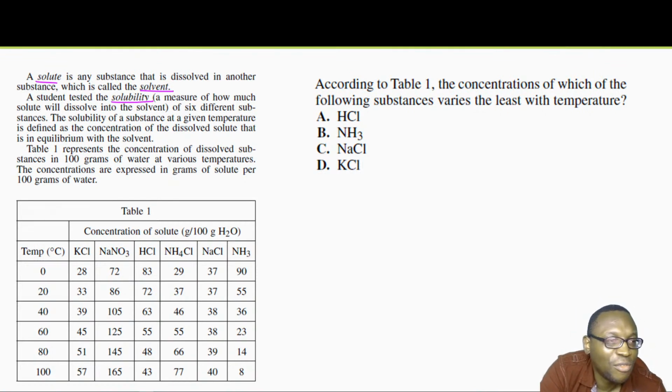The concentrations of which of the following substances varies the least with temperature? Let me give you a hint as you're looking at it. You're looking for which of these does not change that much as the temperature changes. That's all.